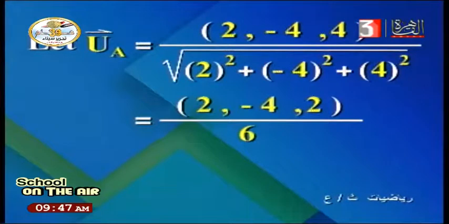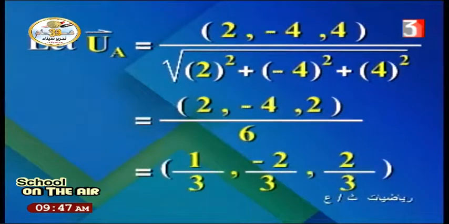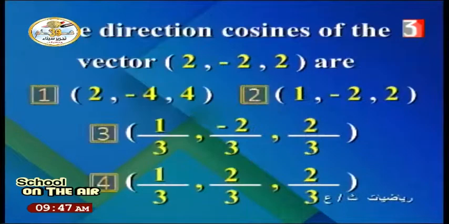Then the unit vector in the direction of A is (2, negative 4, 4) over 6. We divide each component by 6. 2 over 6 is 1 third. Negative 4 over 6 is negative 2 third. 4 over 6 is 2 third. Therefore, the correct answer is number 3.